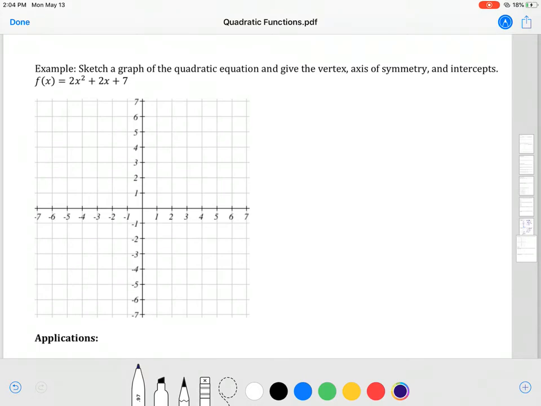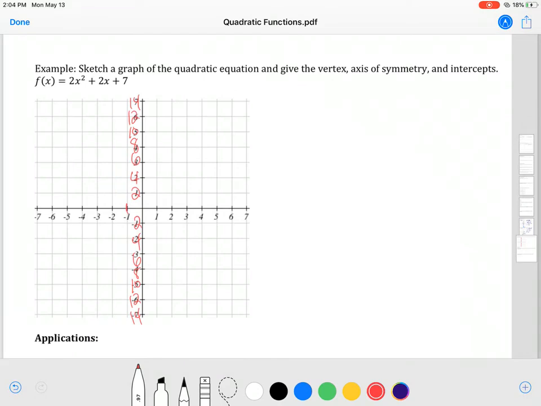Okay, last example. I can already see that we need to rescale this a little bit, that it's going to go off the grid. So let's rescale this. Let's go by 2s. Let's make that 2, 4, 6, 8, 10, 12, 14. And let's make this go by halves.